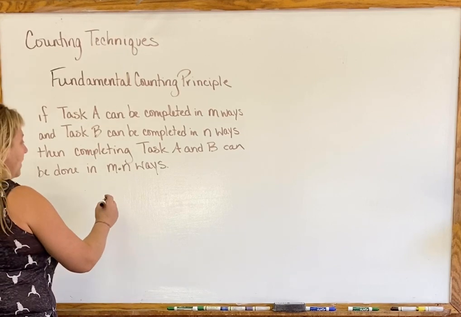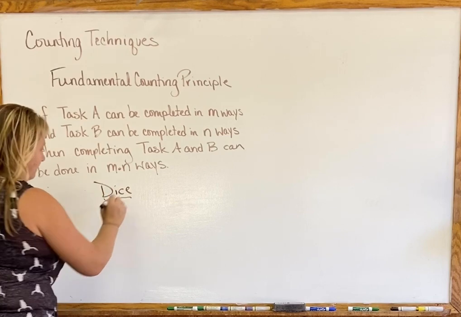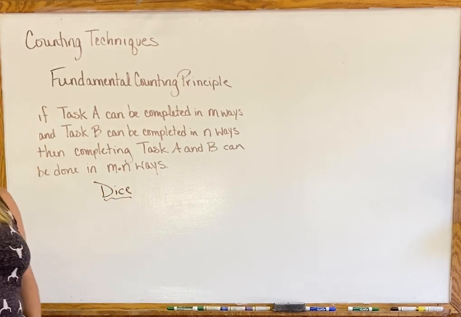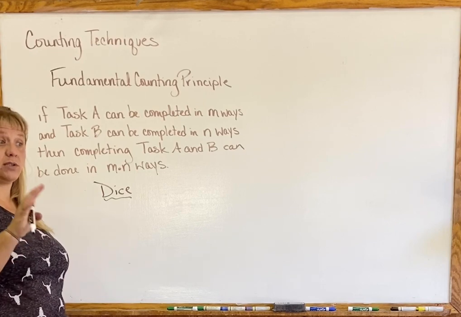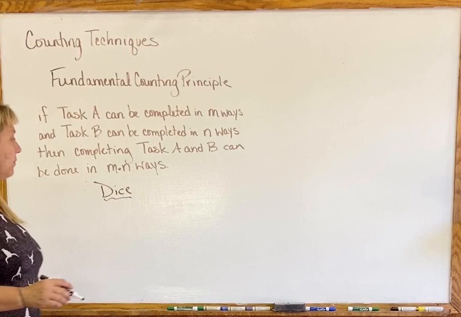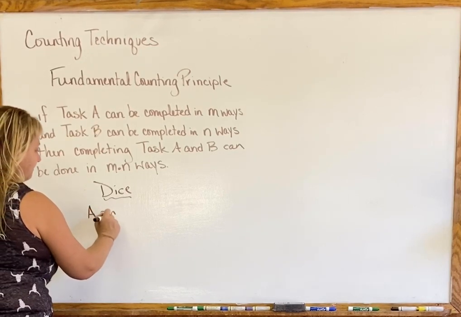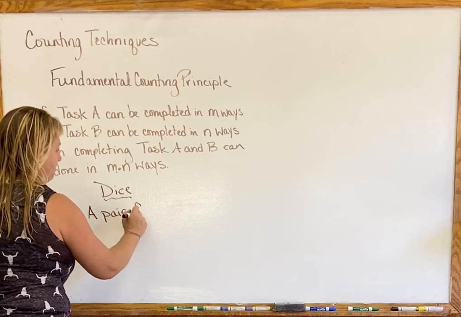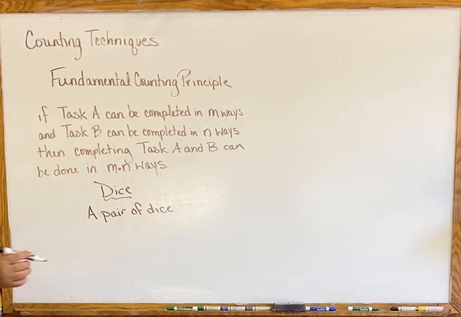Now, the example that we're gonna look at is dice. So up until this point, we have only thrown a die. Okay, we've only thrown a die because I wanted you to start off with something you knew. 6 sides on the die, good to go. But what if we look at a pair of dice? So not just 1 die, but 2 now.